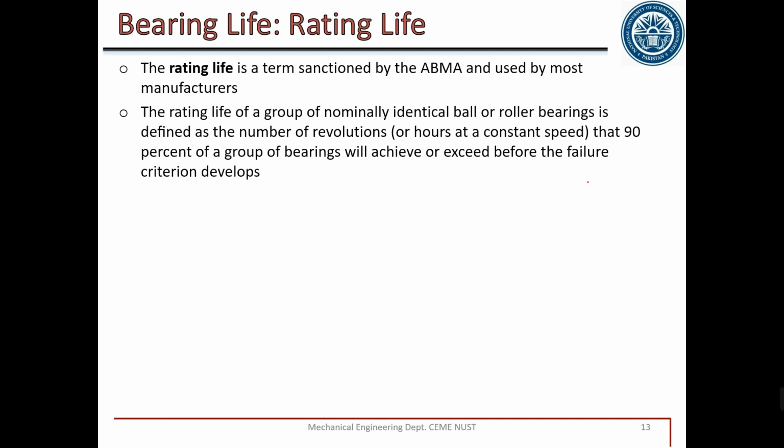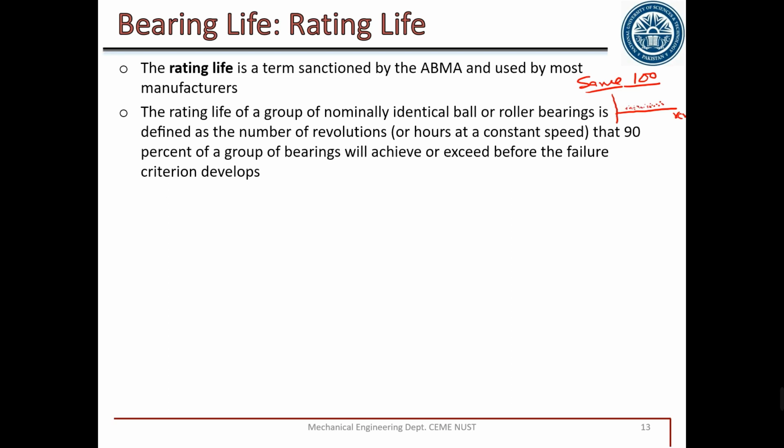It means that, let's say we have a set of 100 bearings, exactly the same 100 bearings. We test those 100 bearings against life, that is the number of revolutions at which the bearing failed, and we plot for each of the 100 bearings.